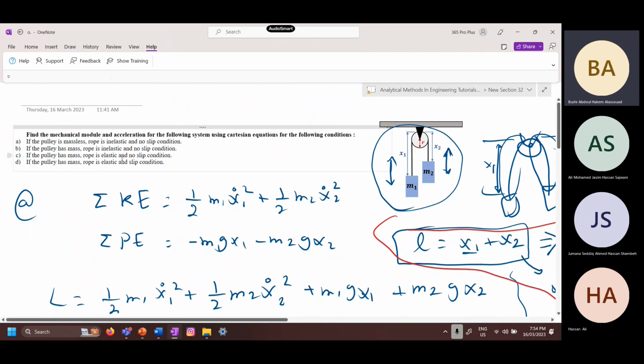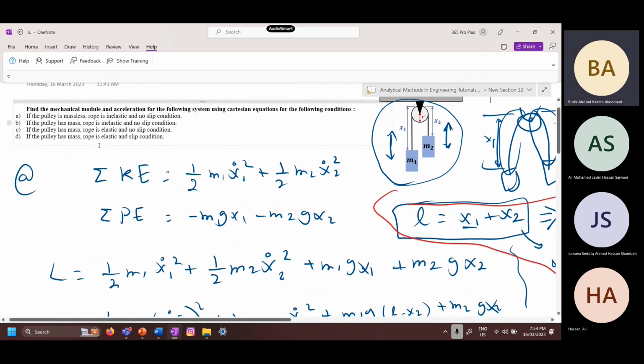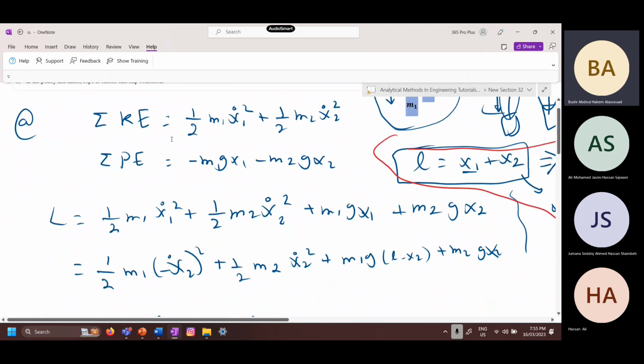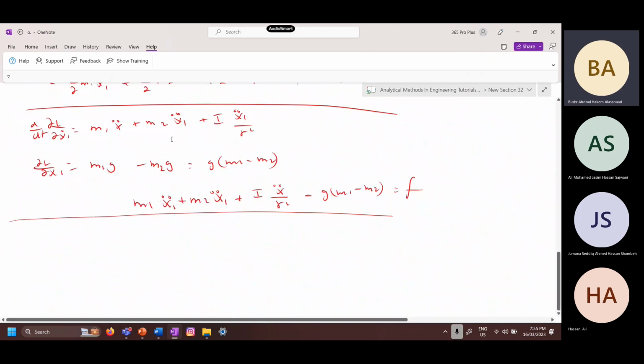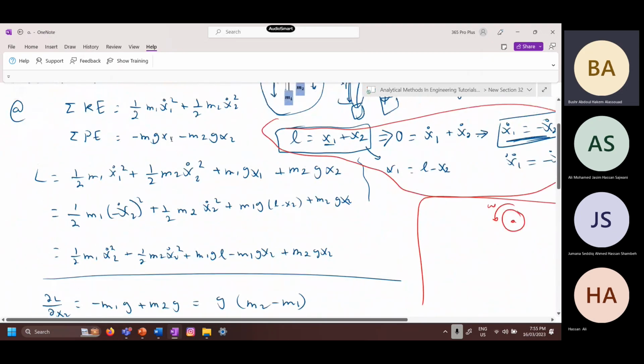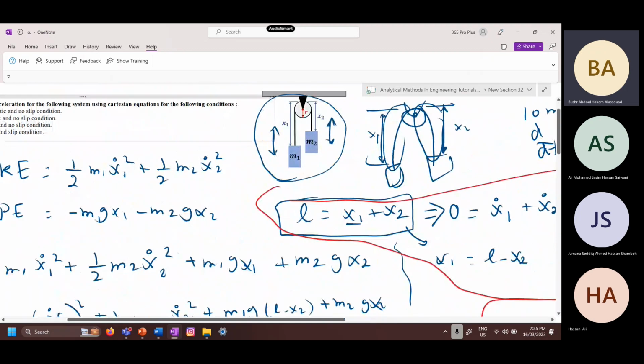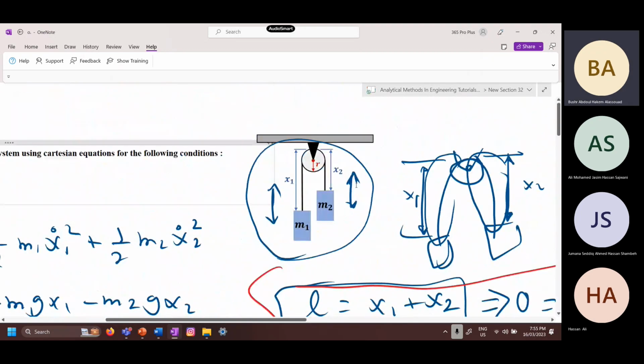Actually, you have a fifth case, but you can obtain it by yourself. So we have an inelastic rope, but where there is no slip condition. The meaning of this is that M1, M2 and the pulley are not all related. You're going to have three systems.